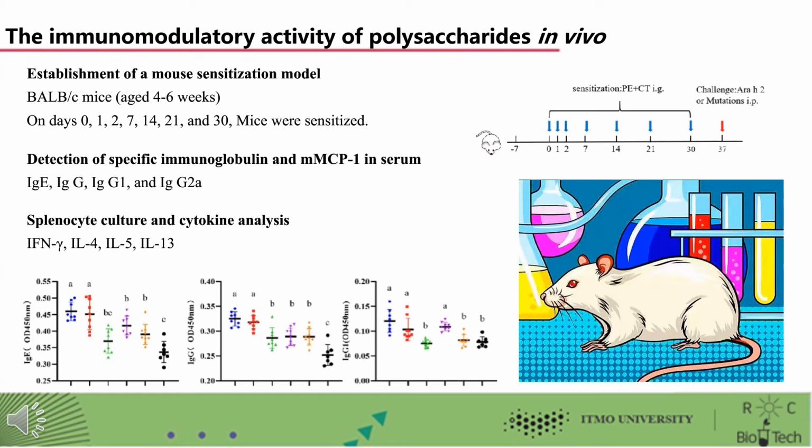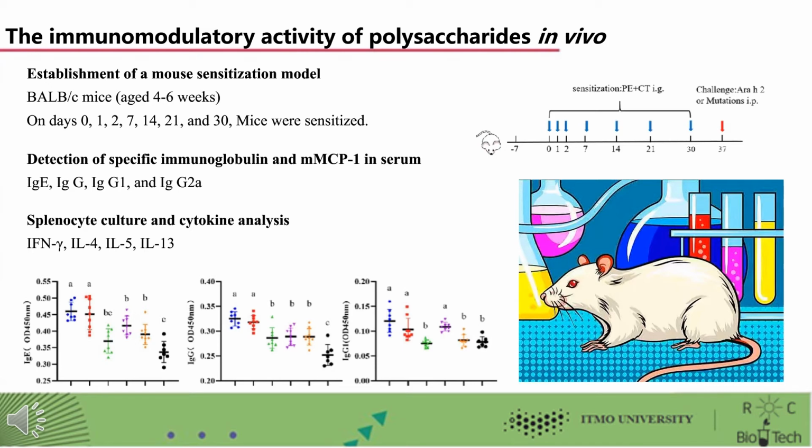immunoglobulins are important parameters of allergy, and it is crucial to detect IgE, IgG, IgG1, IgG2a levels in mouse serum. MMCP1 level increase enhances the permeability of intestinal epithelial cells.